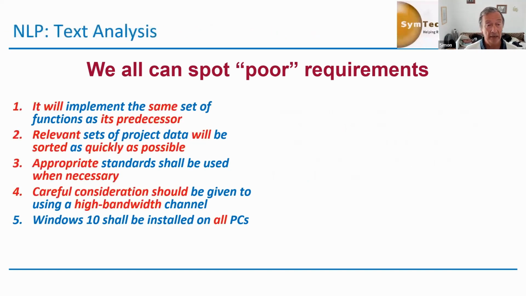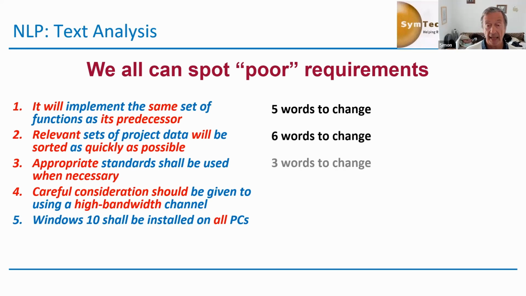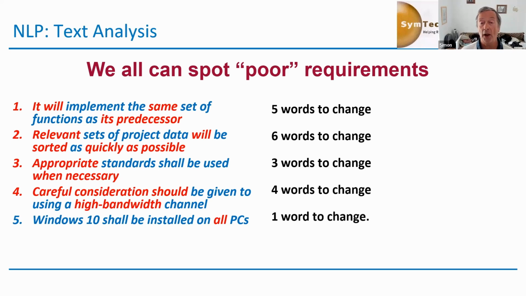So here in red, all the things that need to be changed, terms which tell us that it's poor: appropriate, necessary, careful, same, sorted, relevant, all those sort of things. Notice that we can now calculate a metric of how poor they are. 5 words need to be changed here, 6 there, 3, 4, and 1.